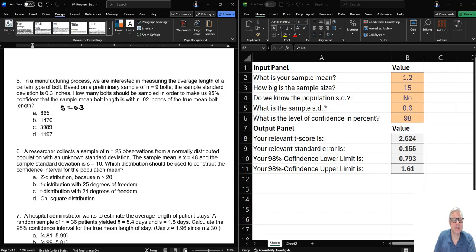And our sample size is n equals 9. And the question is, how many bolts should be sampled in order to make us 95% confident that the sample mean bolt length is within 0.02 inches of the true mean bolt length?